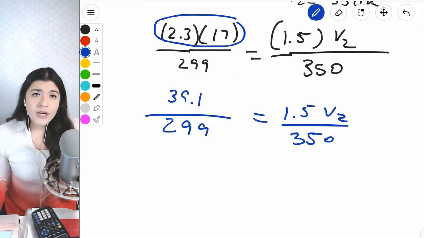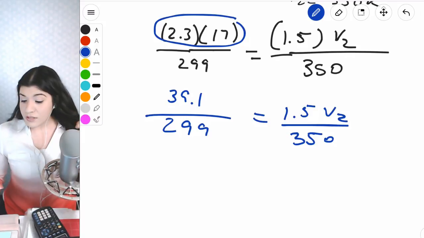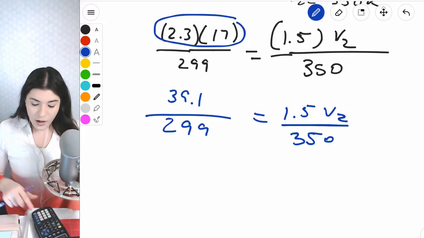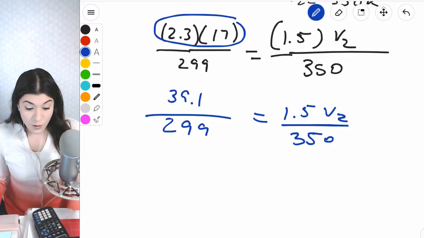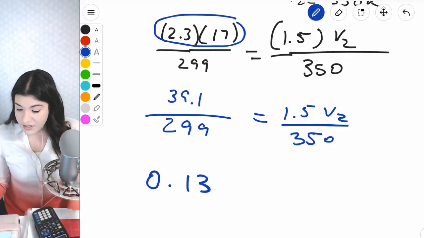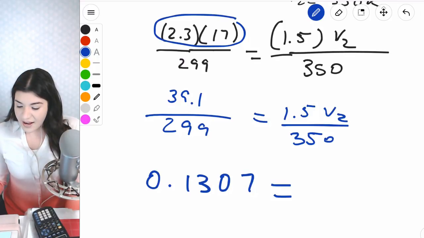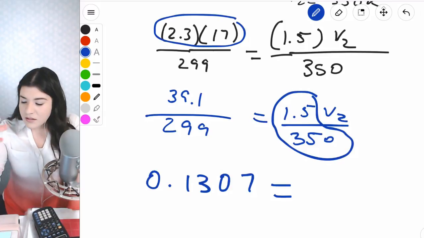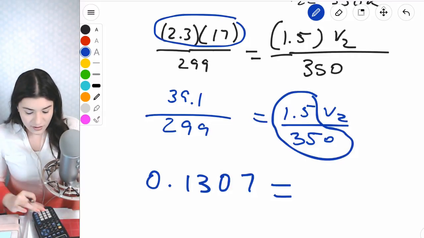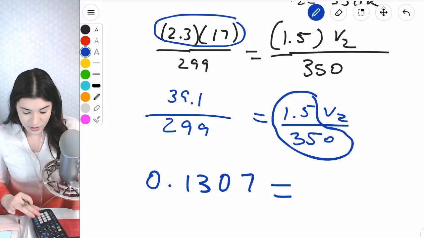Still working on the left side, I'm going to divide those two: 39.1 divided by 299 is 0.1307. And then next, just to make this simpler every single time, I'm going to divide these two values, and that's 1.5 divided by 350.